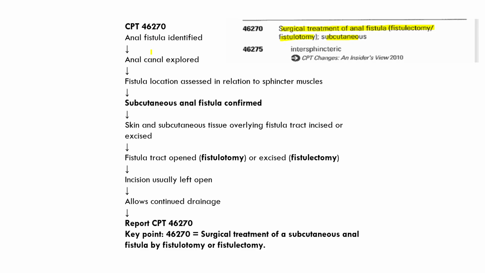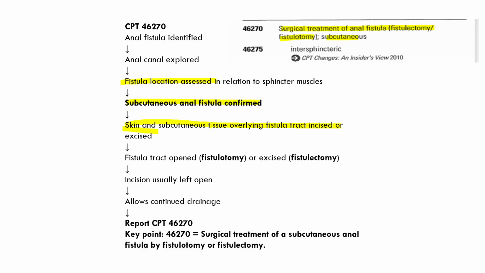So here he is treating the anal fistula, that is the abnormal tract. How is he treating it? First he will assess the fistula. He will confirm the subcutaneous anal fistula, and incise or excise the skin and subcutaneous tissue over the fistula tract.